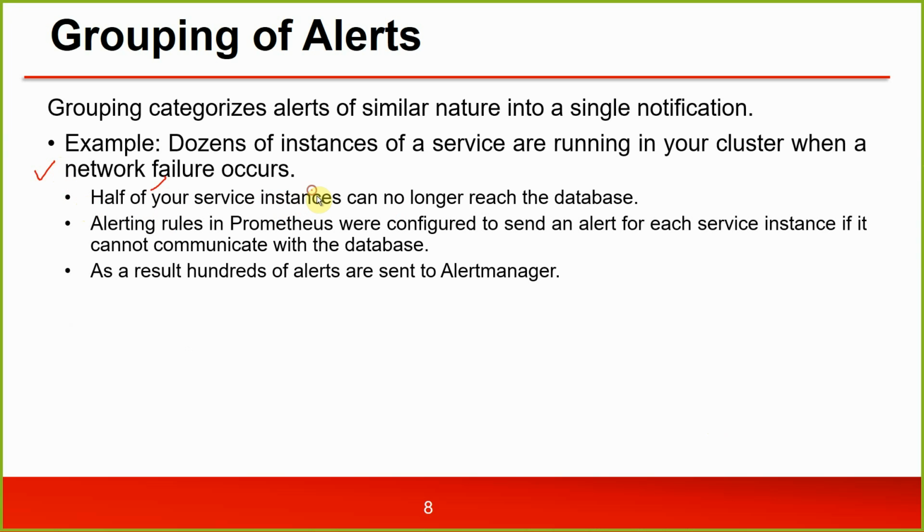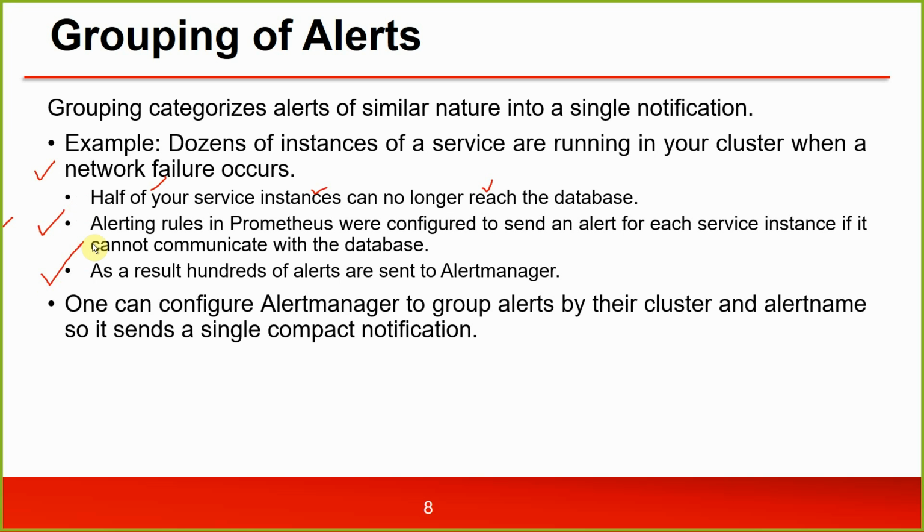Half of your service instances can no longer reach the database. Alerting rules in Prometheus were configured earlier to send an alert for each service instance if it cannot communicate with the database. As a result, hundreds of alerts are sent to Alert Manager, which are not the real root cause of the problem.